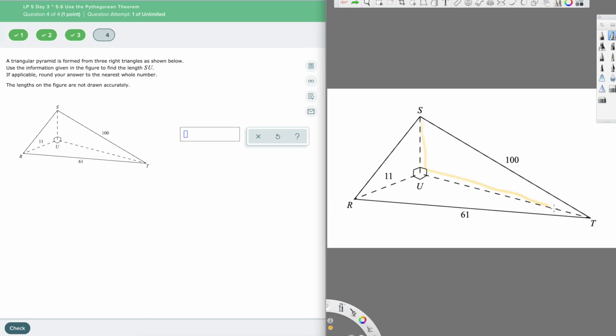So we have this triangle here that I'm coloring in orange. My airbrush isn't working super well with the finer tip, but that's okay. So I have this piece here, and we want SU. We want to know what this length is, this red length.